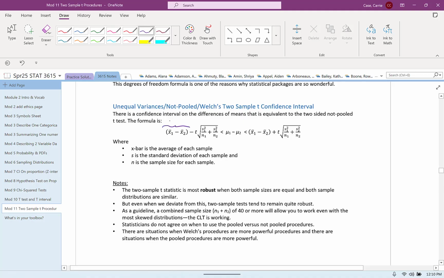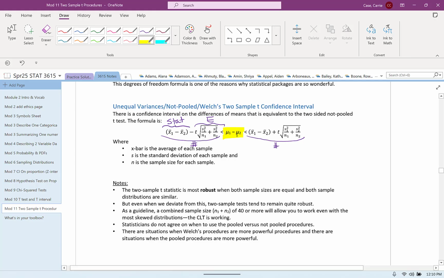So again, we have our statistic plus or minus our margin of error in both sides. And then the bottom part gives us our lower bound, the upper part gives us our upper bound, and we are trying to estimate mu1 minus mu2. So this is almost exactly the same as the pooled case. The formula just changes a little bit.